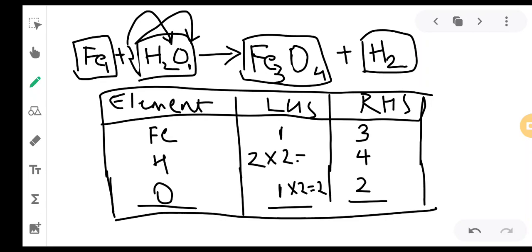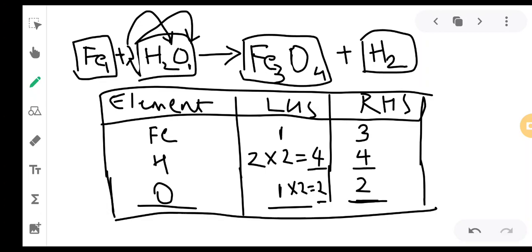Hydrogen became 2 into 2, that is 4, and oxygen became 2. So hydrogen and oxygen are balanced now. If you put 2 on the left hand side, your hydrogen as well as your oxygen will be balanced.